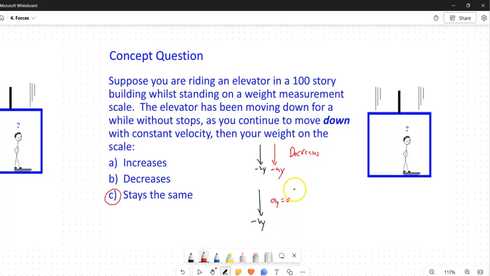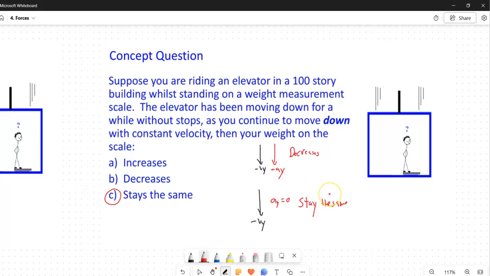But then when you hit your constant velocity, if you couldn't hear anything, you wouldn't even know that you're moving. If you were just in an elevator, it'd be really hard to tell unless there were sounds that you were moving at all. So basically, it would show the same weight as you normally would.